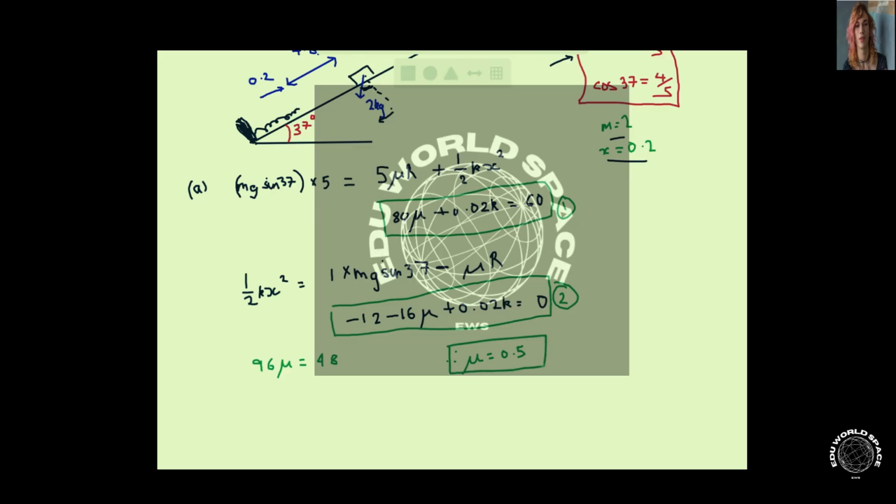Now all we need to do is plug this value into this expression to obtain a value for the force constant, as then the only unknown is k. So doing this, we get that the spring constant, so k, is equal to 1000 newtons per meter. So we have a coefficient of friction of 0.5 and a spring constant of 1000 newtons per meter.